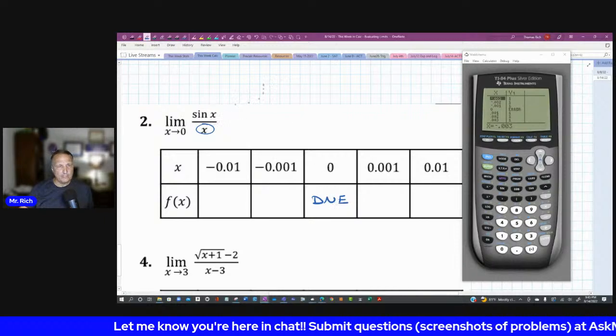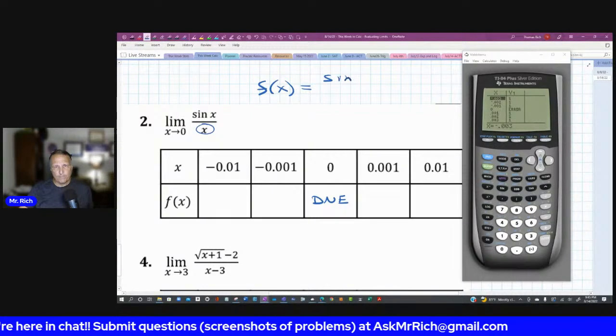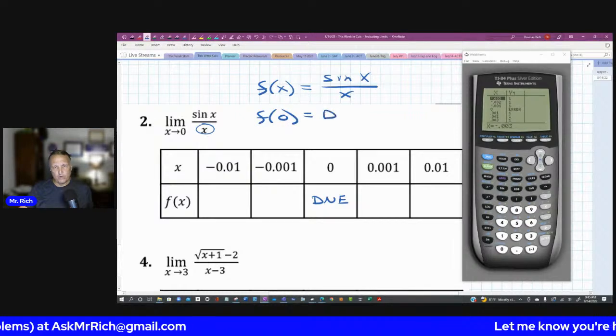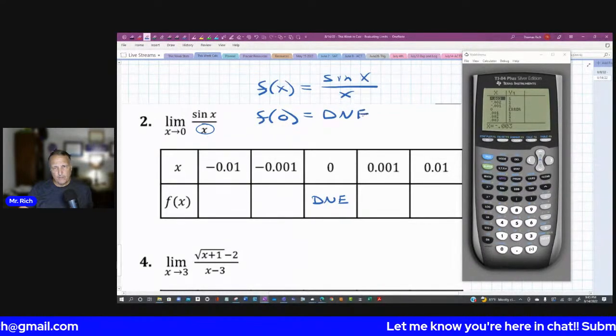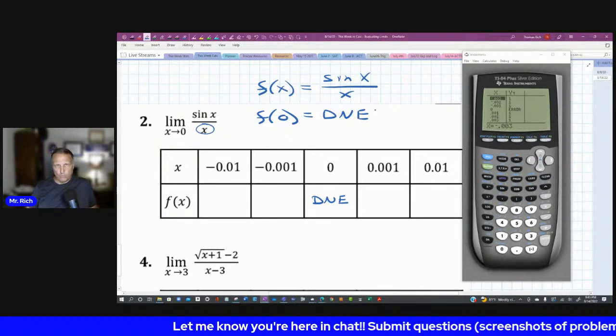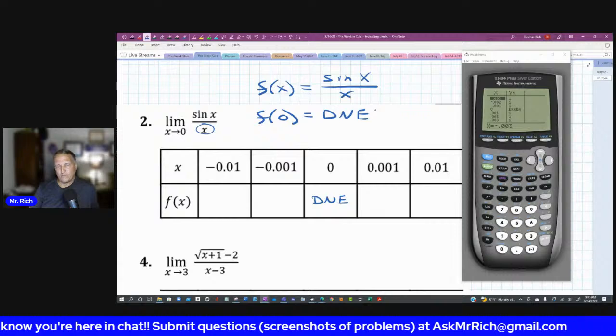So if somebody said, you've got the function f of x is sine x over x, and they said, hey, what's f of 0? We know that that doesn't exist. But that doesn't tell us the behavior of the function really, really close to x equals 0. That's kind of what limits help us figure out.